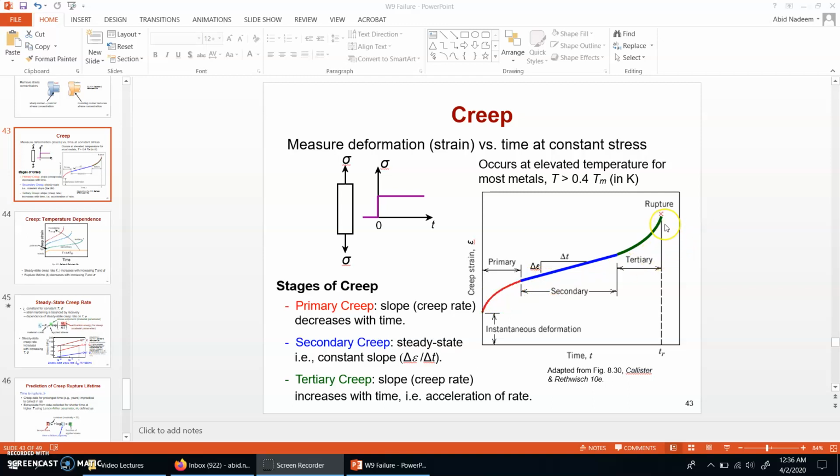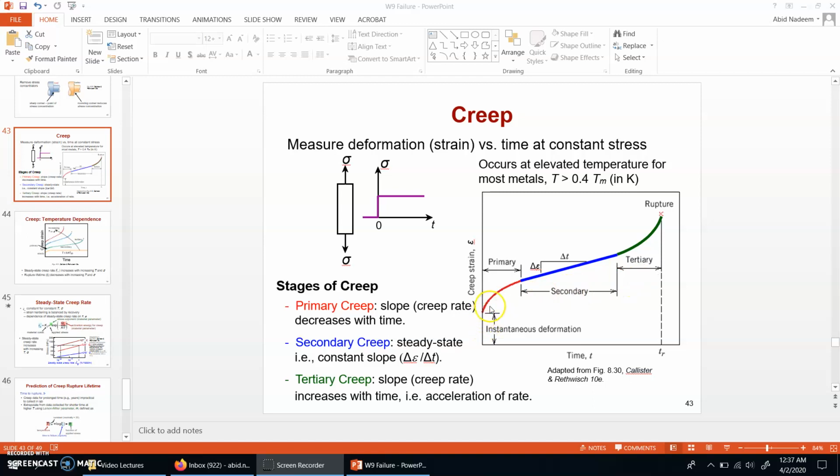There are three regions of this curve. The first is the primary region, which is for a relatively shorter period of time. Then there is the secondary region, which is the longest period for the creep, and the tertiary region is also a relatively smaller region.